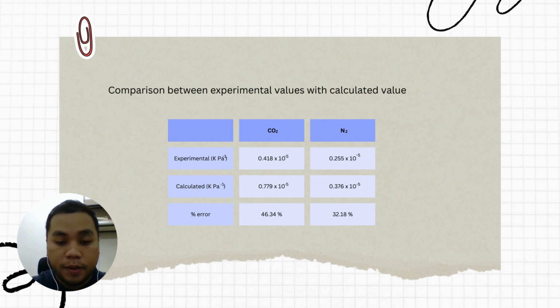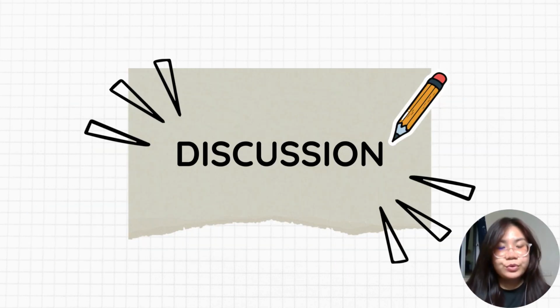For nitrogen, the experimental value is 0.255 times 10 to the power of negative 5 Kelvin per Pascal, and the calculated value is 0.376 times 10 to the power of negative 5 Kelvin per Pascal, and the percentage error is 32.18%.